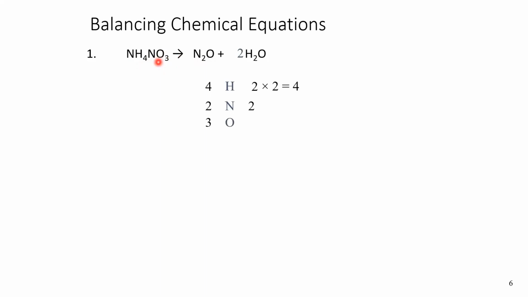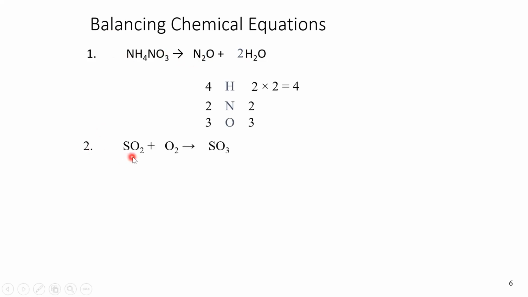There are 3 of them. And on the product side, it's in 2 places. We've got 1 here and we've got 2 here. That means we've got 3. So this equation is balanced with a 1 and a 2 as our coefficients. And again, the ones we're going to assume. I'm not going to write them.